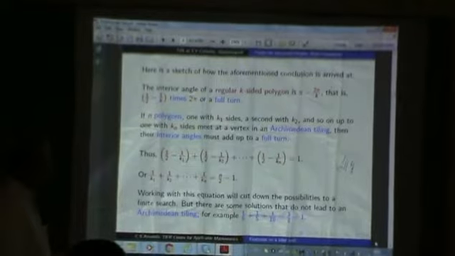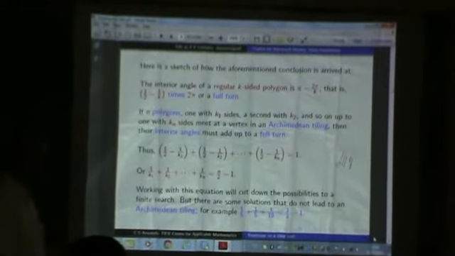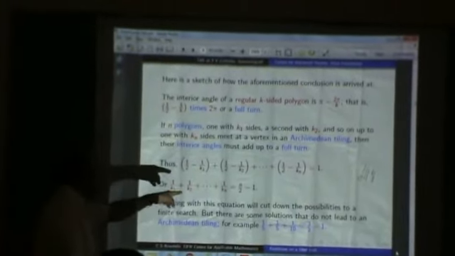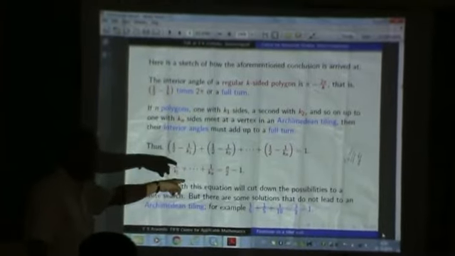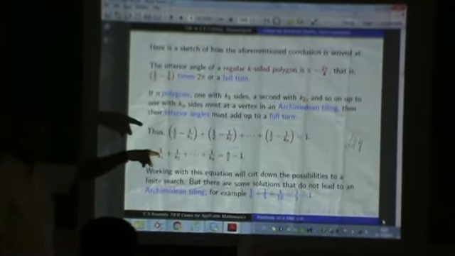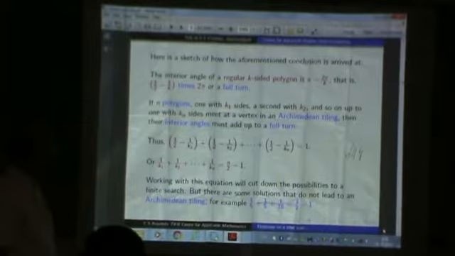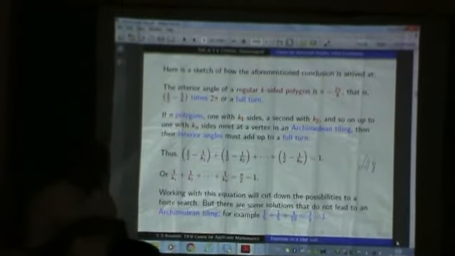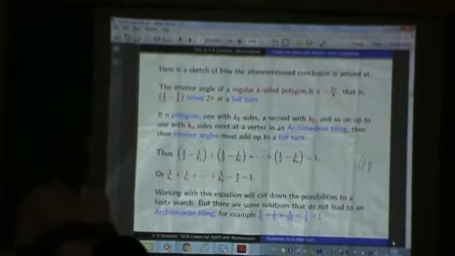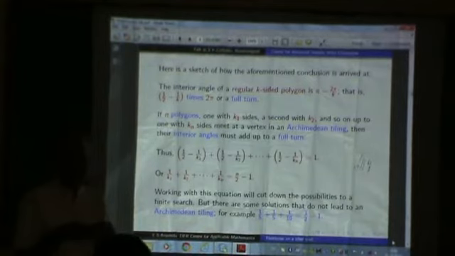You would easily notice that n cannot be more than 6. The reason is, a polygon has to have at least 3 sides, so k1 is at least 3.